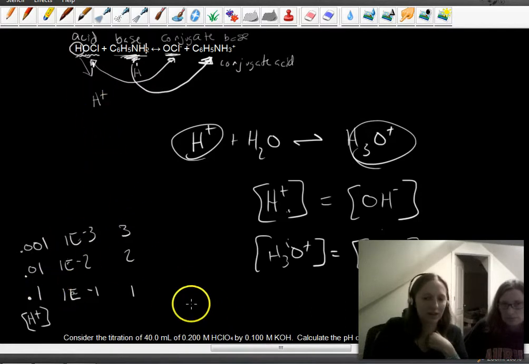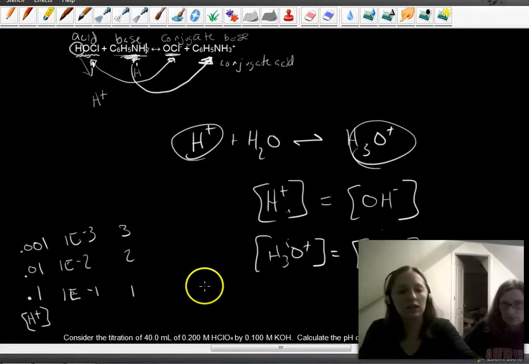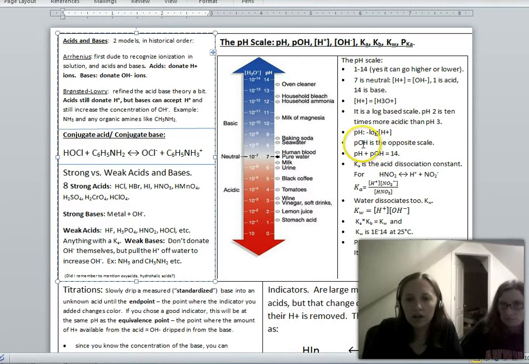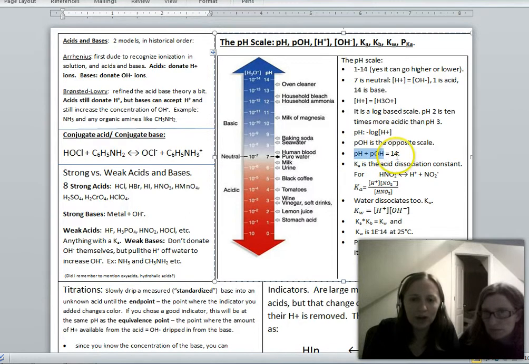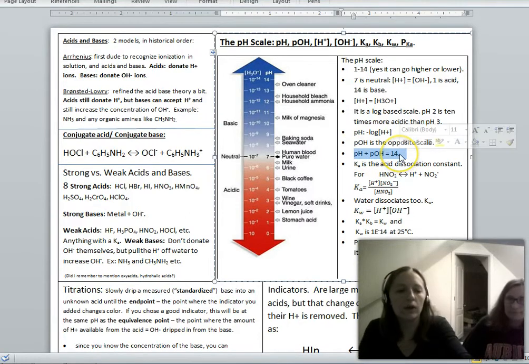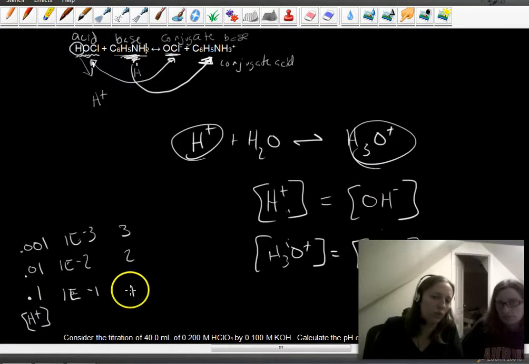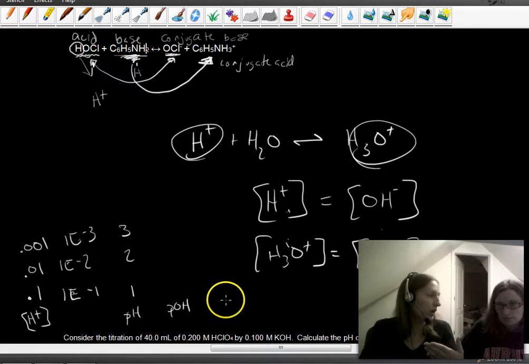Your OH minus, it's interesting, this thing here. The pH plus the pOH equals 14, where your pH is 1. This is pH. Your pOH is talking about how much hydroxide is present.